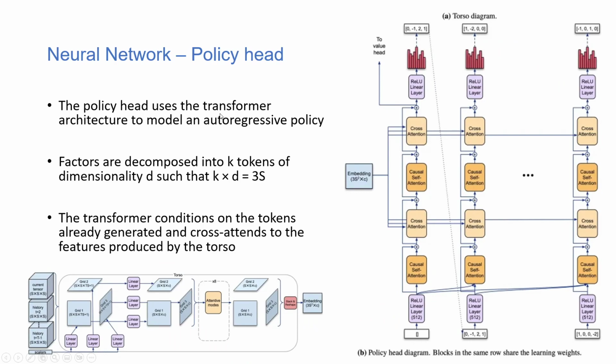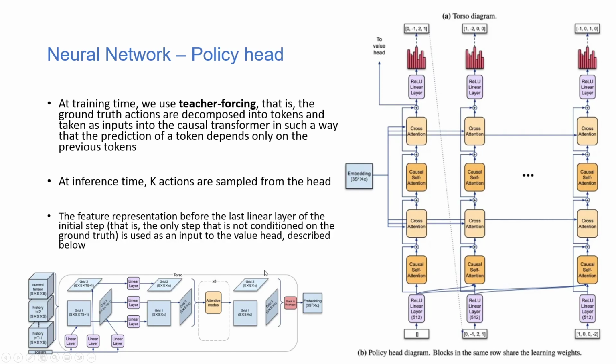The policy head is going to use an autoregressive policy, and the transformer conditions, basically the cross attention is going to pay attention to the embedding and previous values as mentioned before. And this feeding of the previous value is called teacher forcing, because the prediction of a token depends only on the previous tokens.